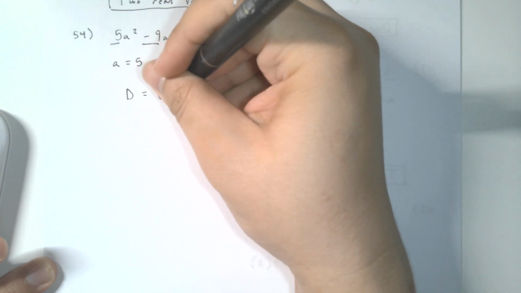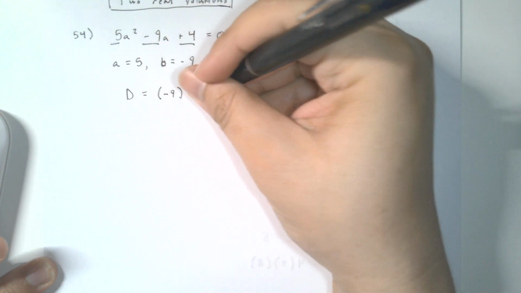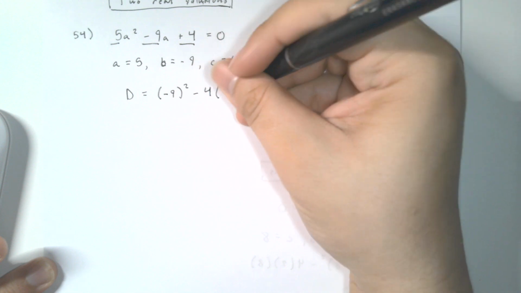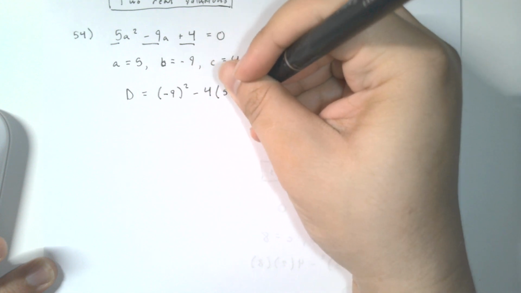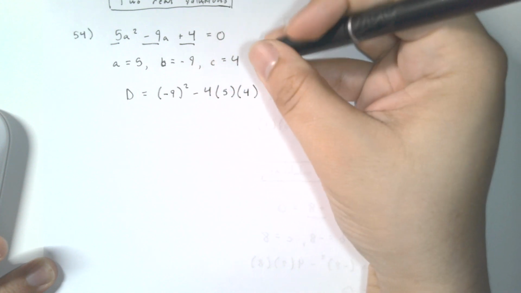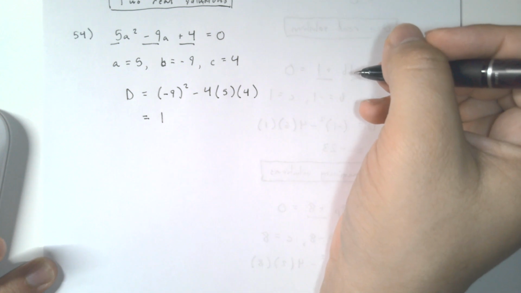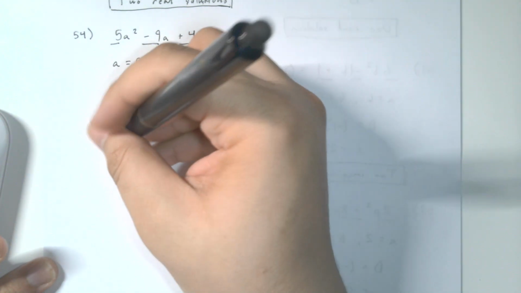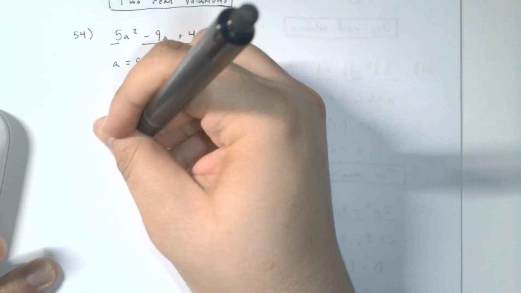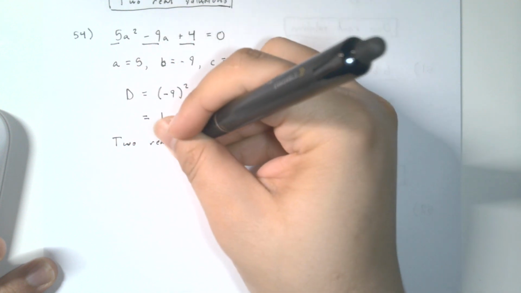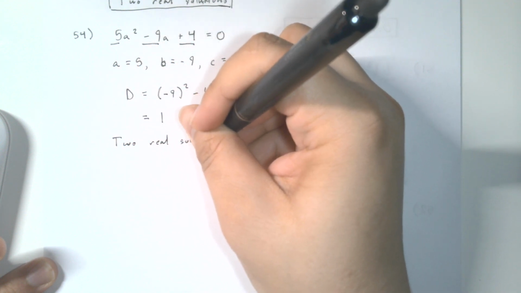Our discriminant is given by b squared, so negative 9 squared, minus 4 times a, which is 5, times c, which is 4. And calculating this out, we get 1. So we have another positive number. Therefore, we have two real solutions.